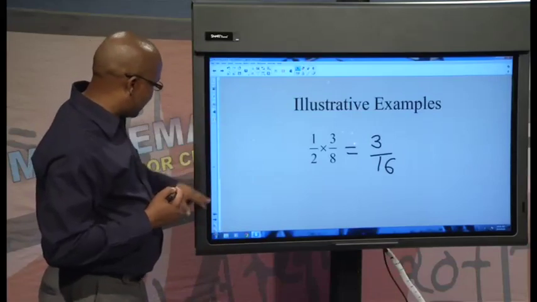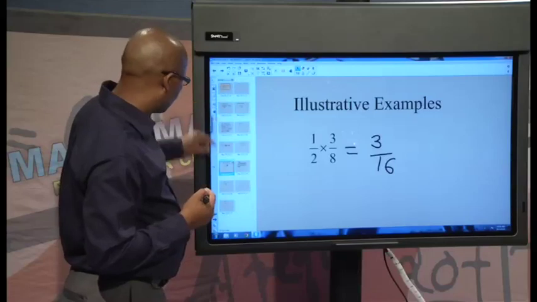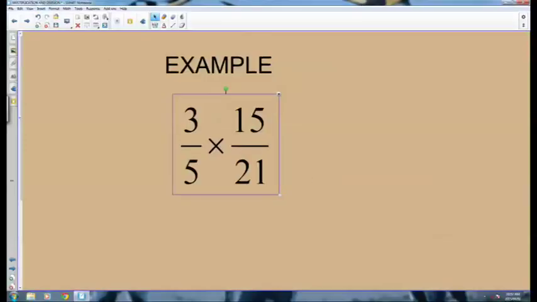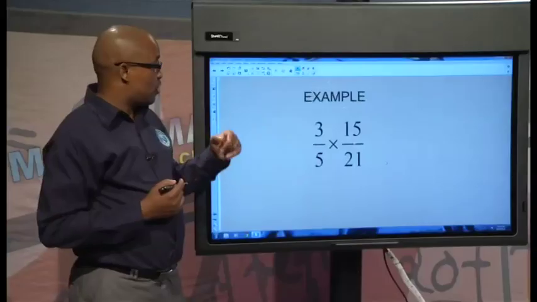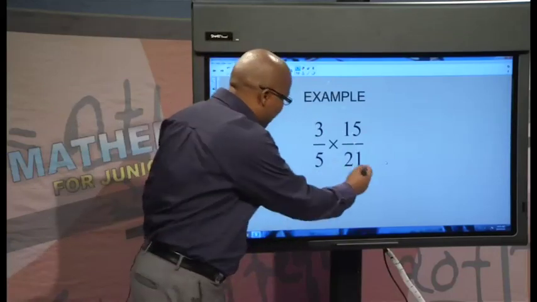Let us have a look at another example which I believe will be different from this. Another example is 3 over 5 times 15 over 21. Before you can start multiplying, we know that the rule says multiply the numerators and then multiply the denominators.